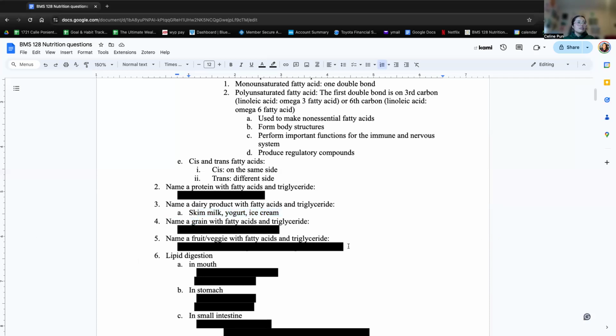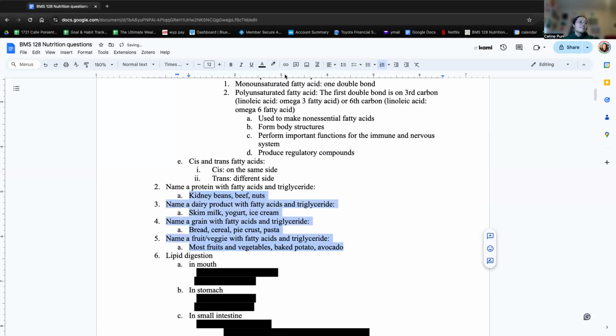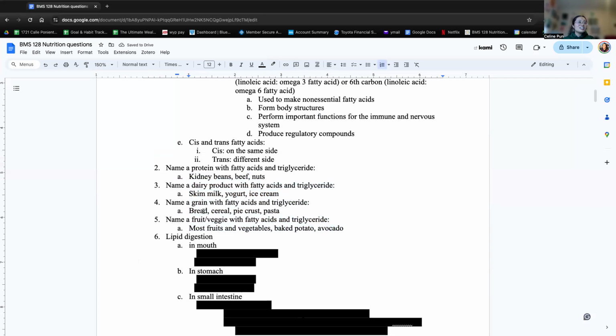And then for proteins and grains and fruit, like you said, avocado. This was kind of fun to know that even in grains, there are fatty acids and triglycerides. It's in olives, not all, but a lot of foods you just don't think about because it's not visually there.